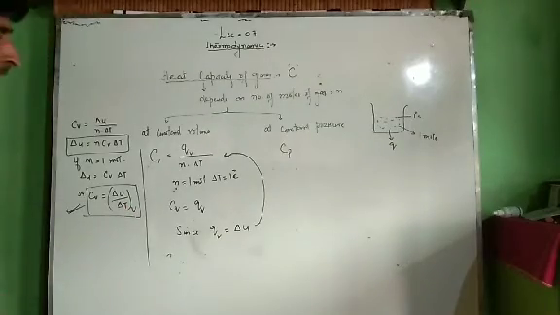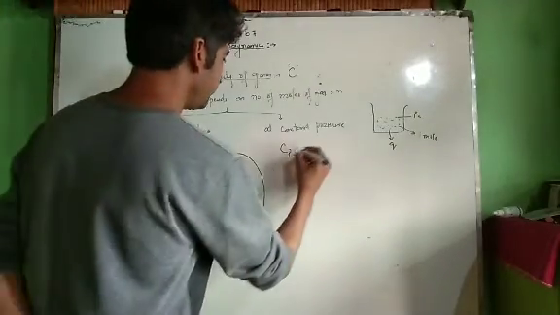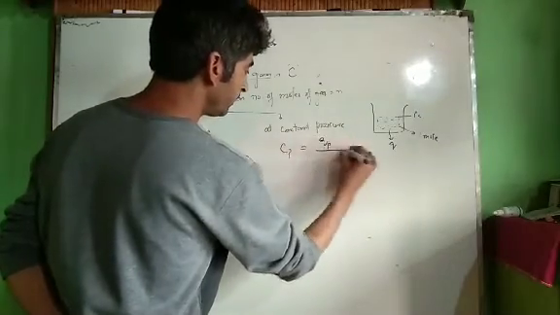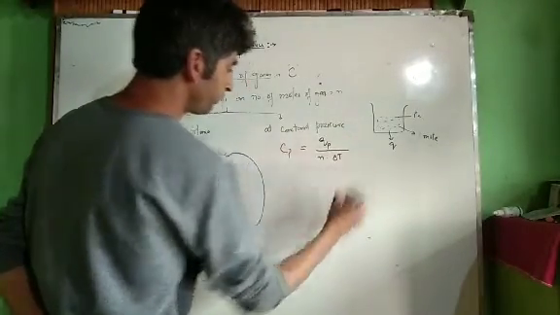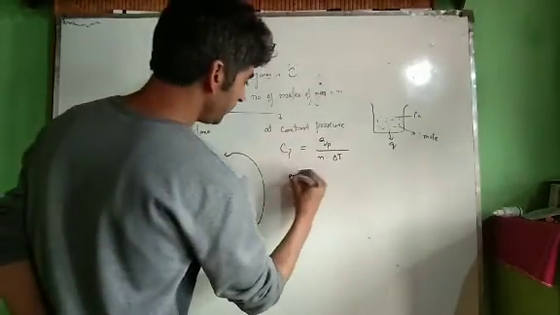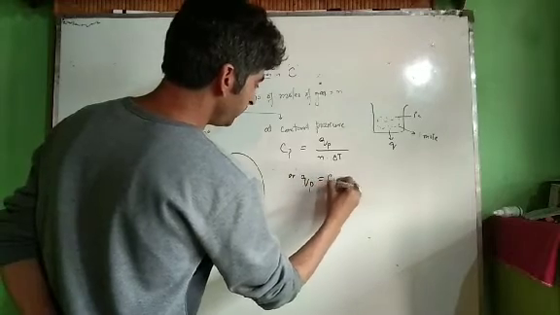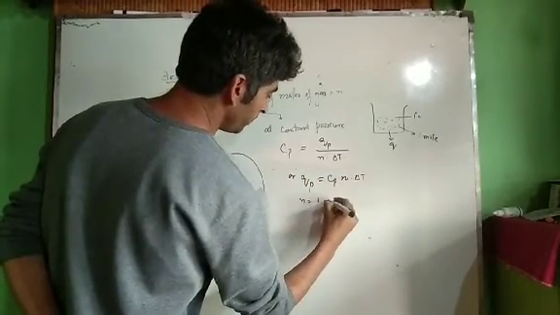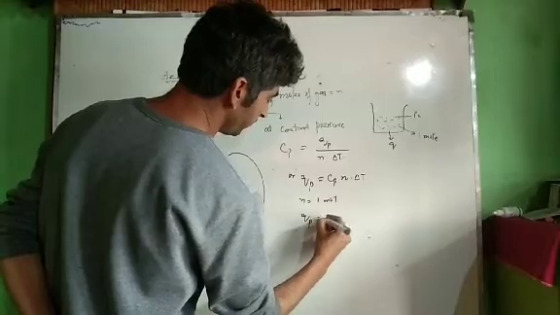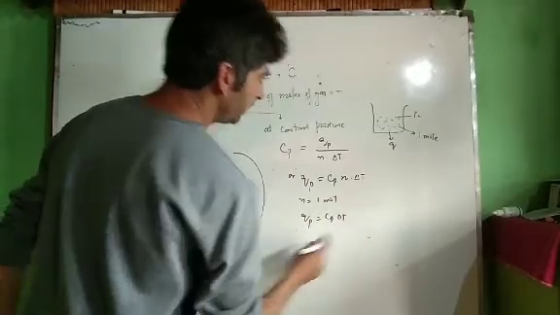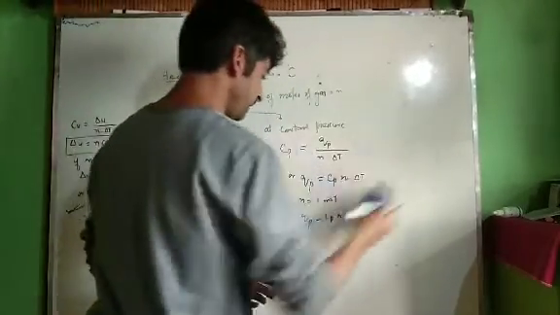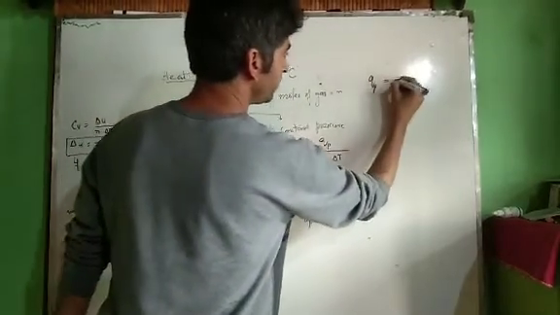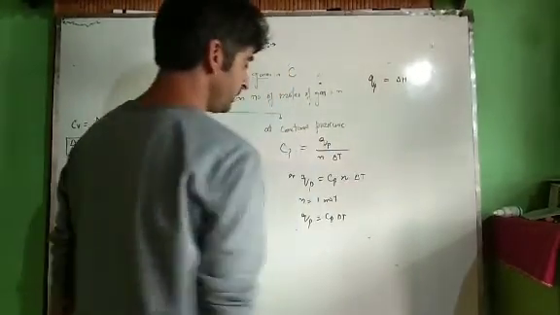Now at constant pressure, if we define it at constant pressure, then this Q becomes QP, divided by number of moles n into del T. Or I can write QP is equal to CP n del T. If n is equal to 1 mole, then QP is equal to CP del T. Now we have already studied in previous lectures that QP, heat given at constant pressure, is equal to change in enthalpy of the system.